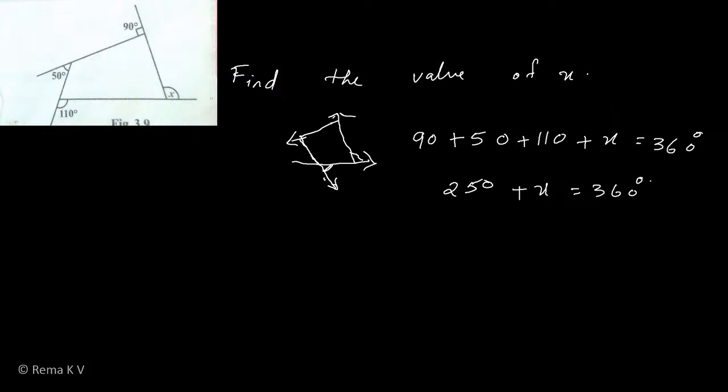The value of x is 360 minus 250. This is equal to 110.